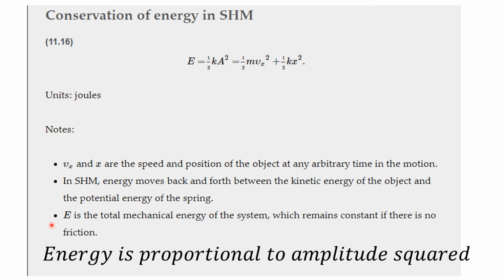E is the total mechanical energy, which remains constant if there is no friction. That's the ideal case. Usually in the real world there is friction. And this is something that's even on ultrasound certification tests, and that is that the energy is proportional to the amplitude squared. I think we'll show you some examples of that later, but that's an important fact.